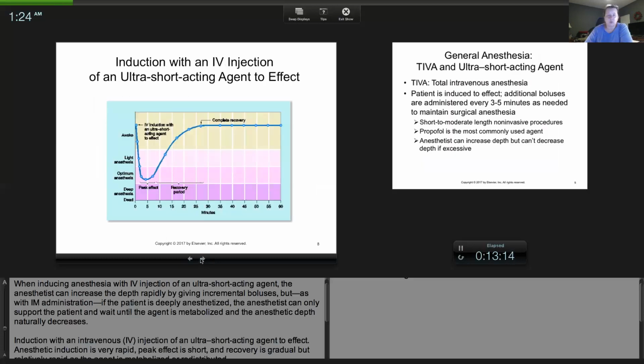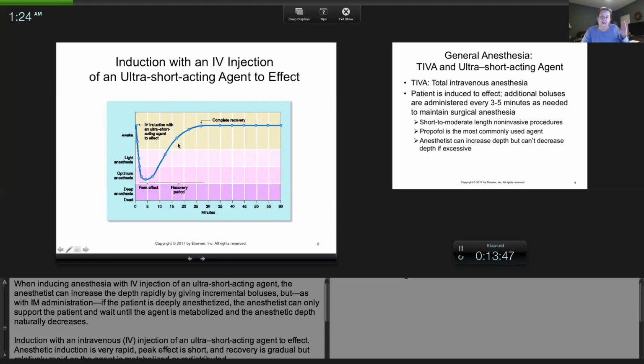So let's go back to the chart. They're awake. I start giving the propofol IV. All of a sudden, we go from awake, within 1 or 2 minutes, we're pretty deep. We stop giving it. Now, let me explain something on this chart. Right here, it's showing you awake, goes deep. If you stop giving it, they're going to wake up in about 10 minutes.